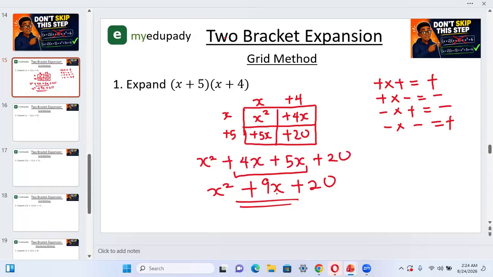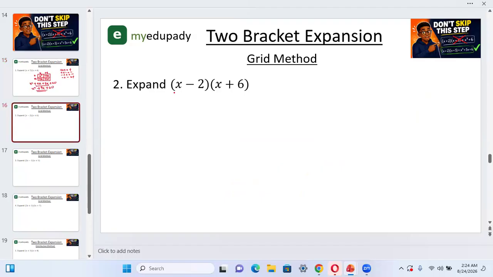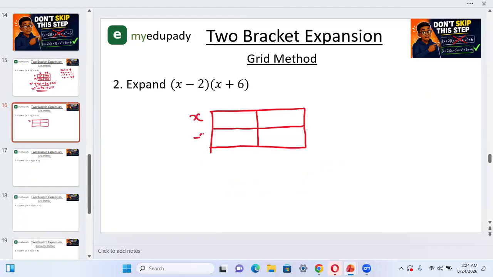Let's take another example, still using the grid method, right? So we have this example. This one now involves a negative value, right? So we have x minus 2 in bracket and x plus 6. So the first thing, don't forget, you draw your grid box and then you divide into 4 places. So I write x and minus 2, and then I write x and plus 6.